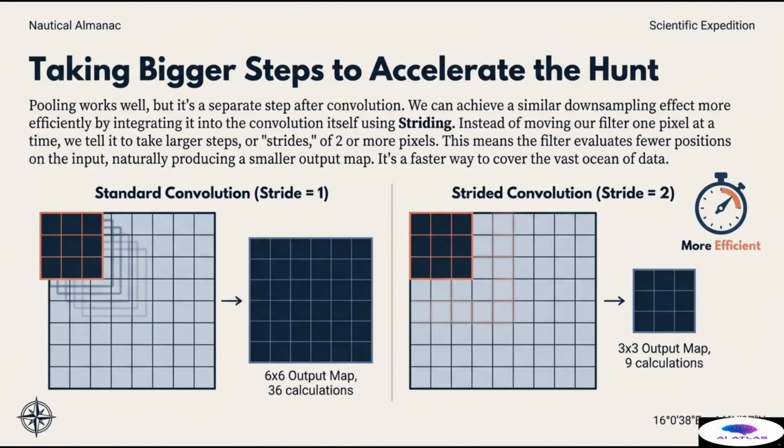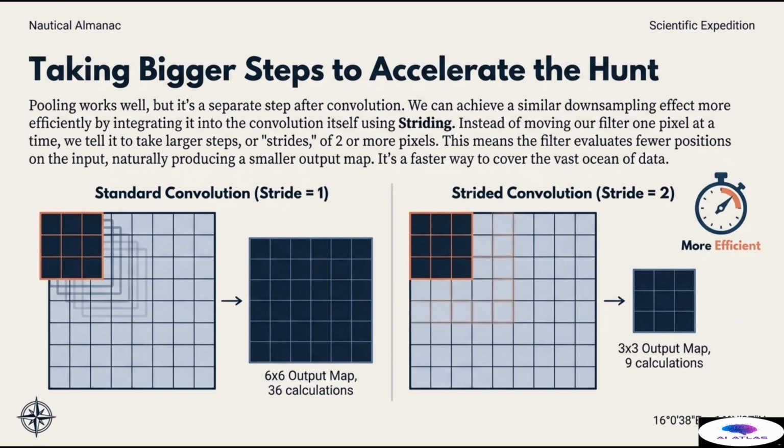While pooling is highly effective at introducing resilience and downsampling our data, it constitutes a separate step performed after the convolution operation. In our relentless pursuit of efficiency, we can integrate this downsampling effect directly into the convolution step itself using a technique called striding. Striding simply means taking bigger steps with our filter as it sweeps across the input image.